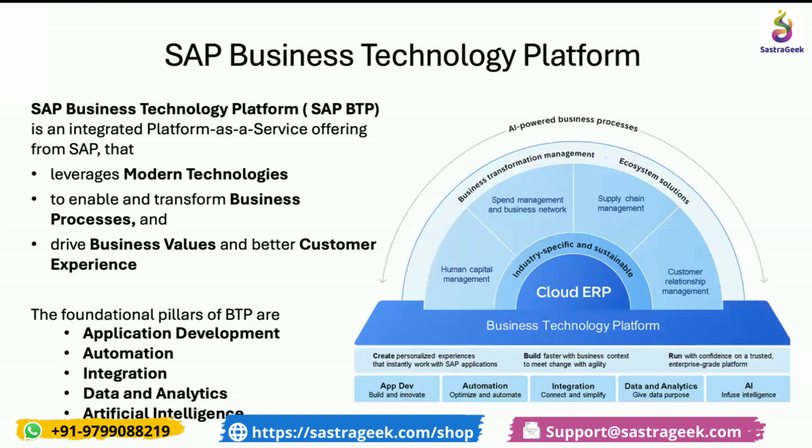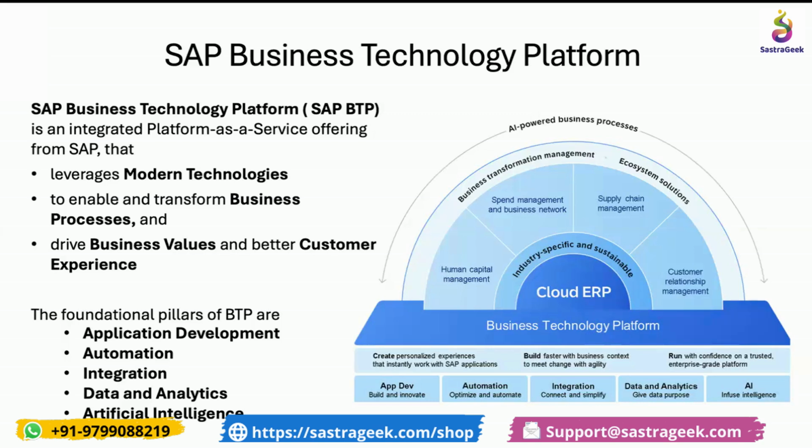Now, how do we do that? We do that with the 5 pillars of BTP, focusing on 5 kinds of technologies. App development, for developing apps for low code, no code, and pro developers. Automation, optimizing your recurring and redundant work.